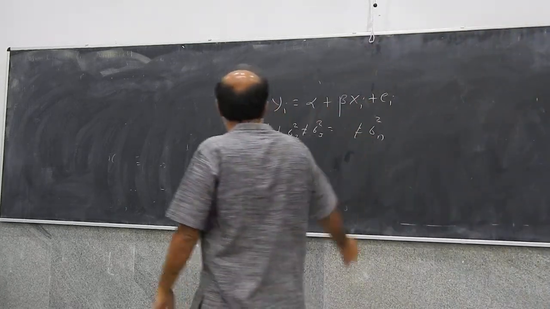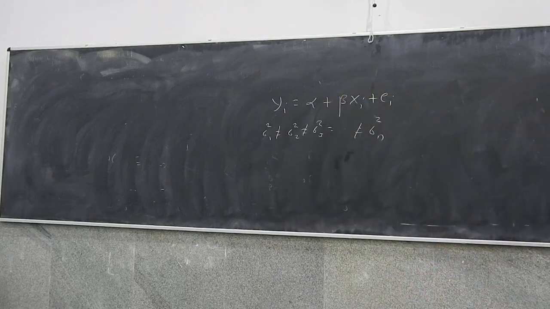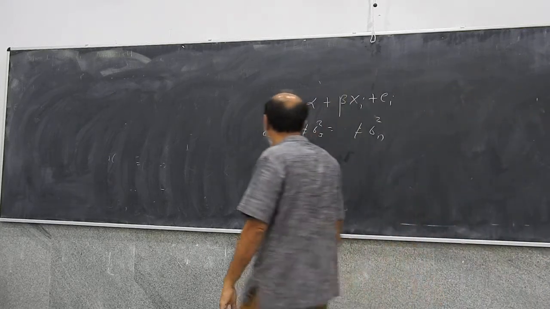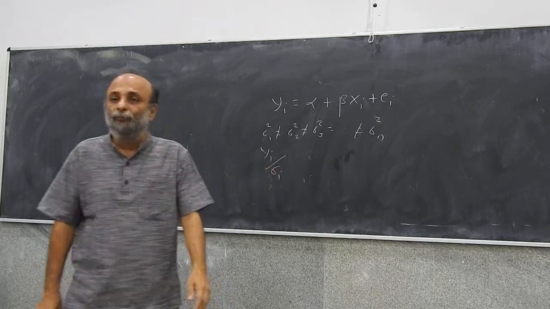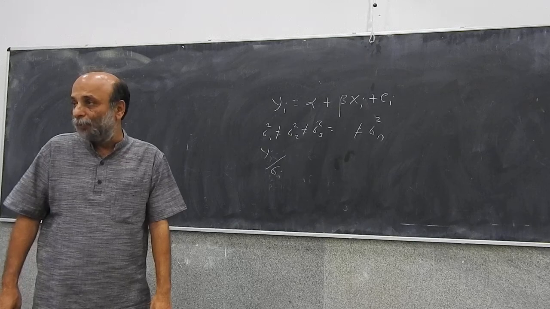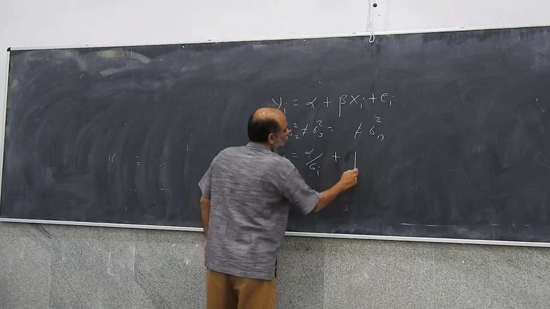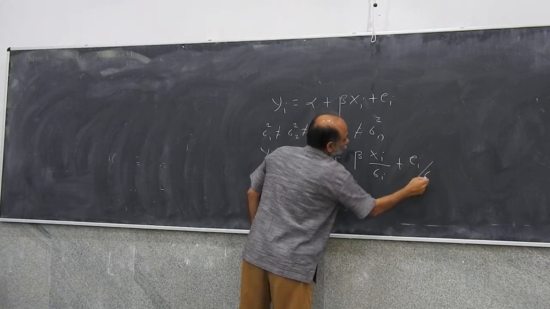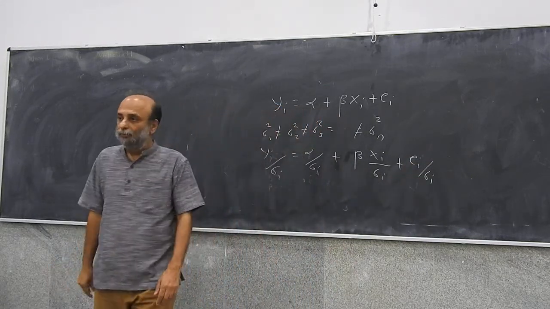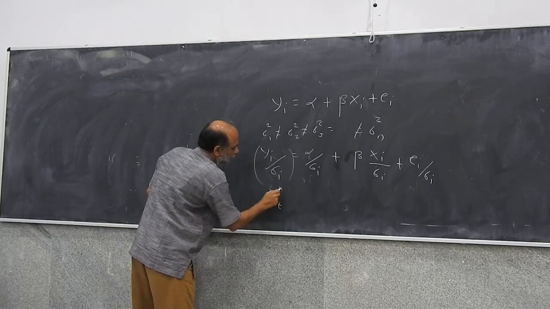First, let's assume that we know each of the sigma squares. We know sigma 1 square, sigma 2 square, sigma 3 square. Suppose we know the value of each. Then the FGLS strategy could be to divide each yi by the appropriate sigma i.